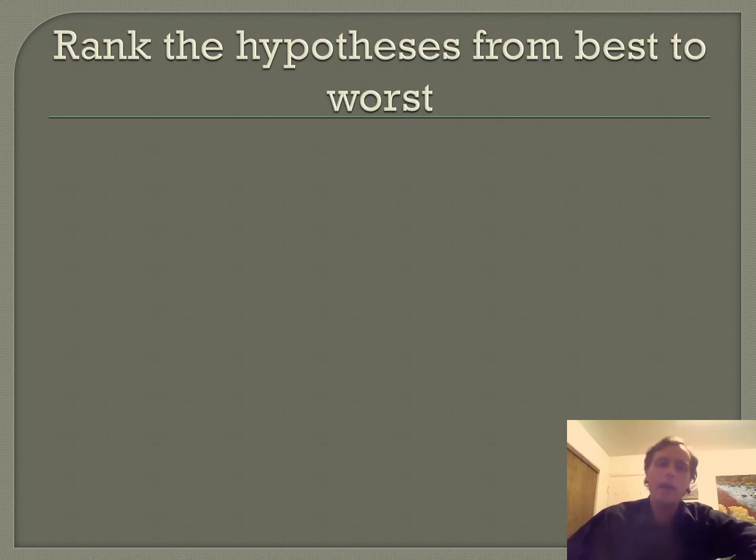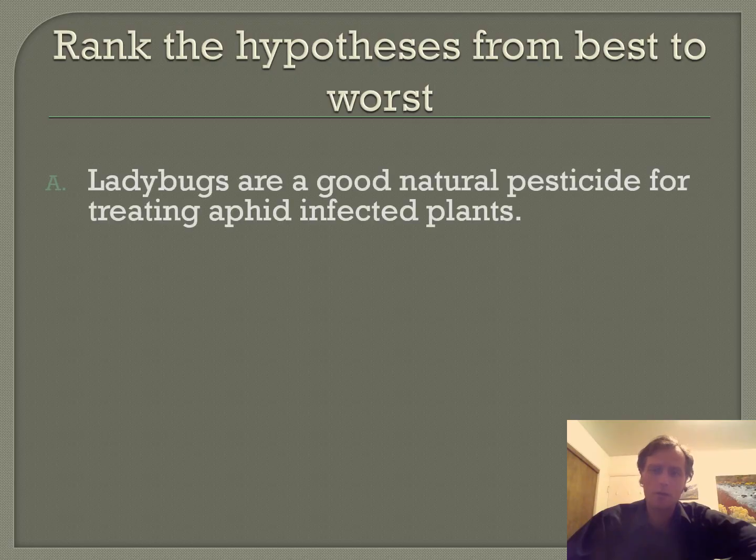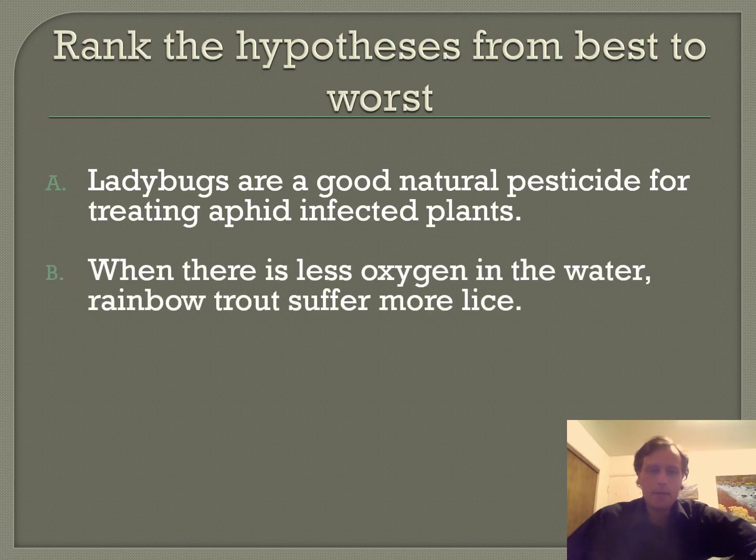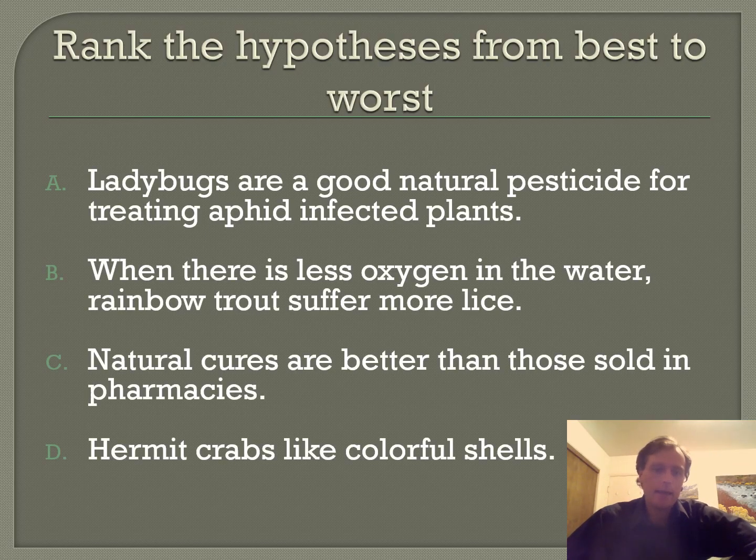Here are several hypotheses, and we can try to rank them from best to worst: A, B, C, and D. You could probably come up with several different orders of ranking, so we'll just say good, bad, and terrible. A: ladybugs are a good natural pesticide for treating aphid-infected plants.